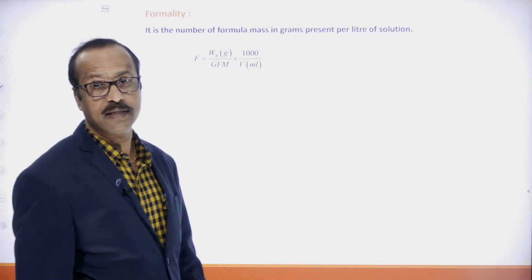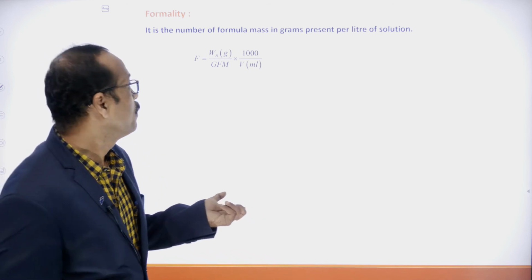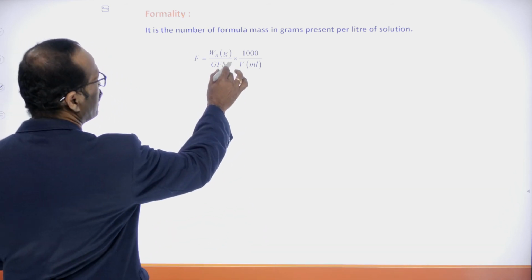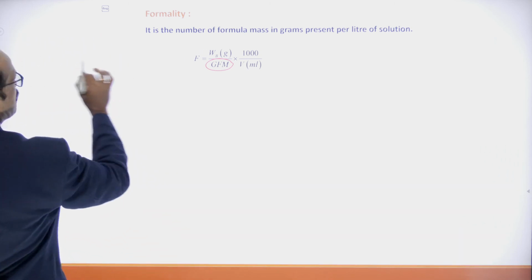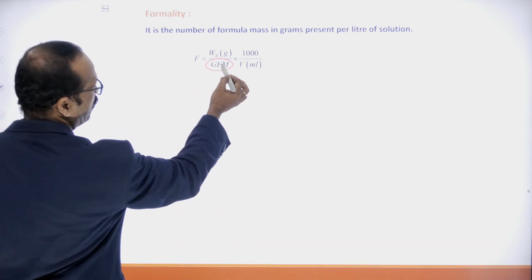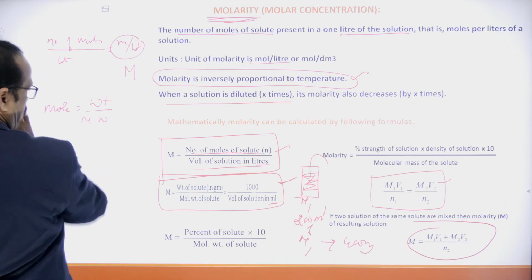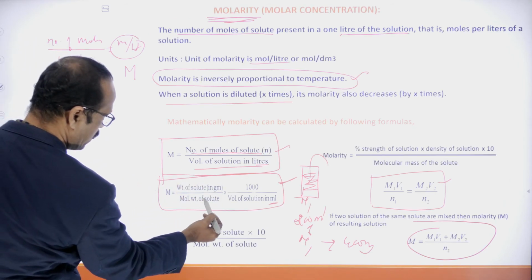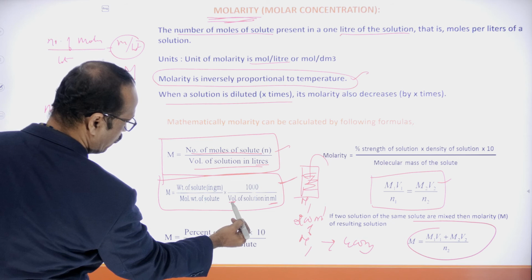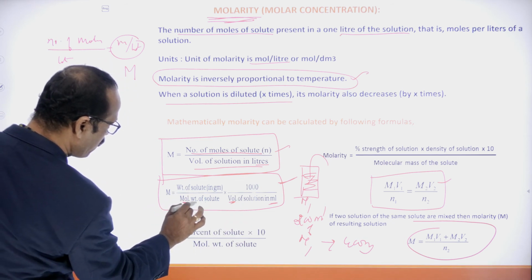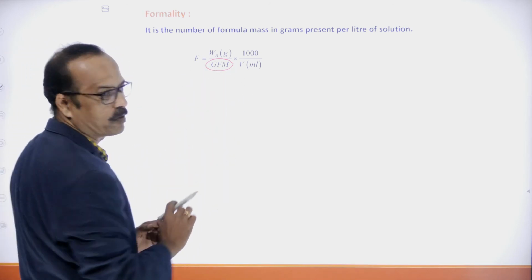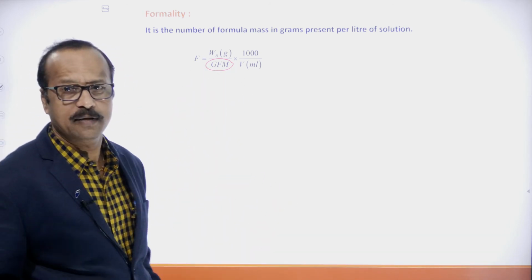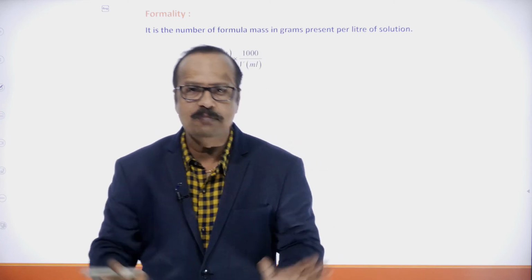Now the last and final one, formality. Formality is nothing but like molarity only, but here we use the gram formula weight. This is the only difference. In the previous slide, weight by molecular weight into 1000 by V, volume, was there. Only in the place of molecular weight we are using the formula weight, gram formula weight. That's all, students.